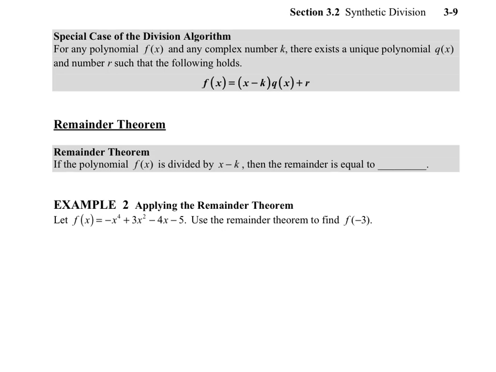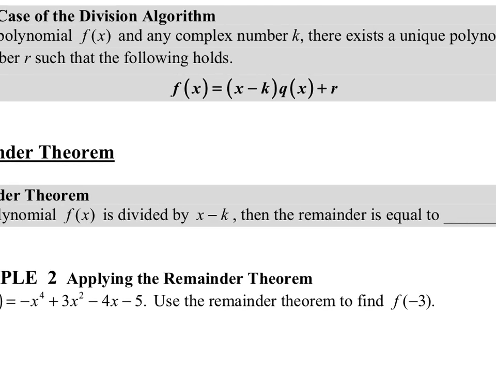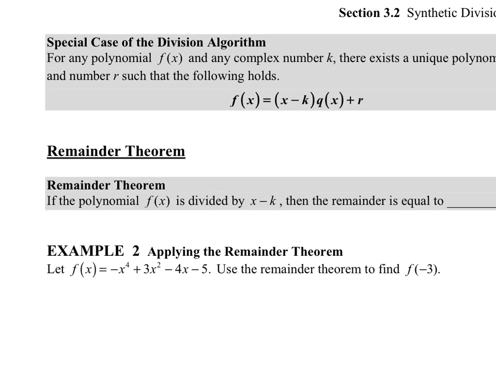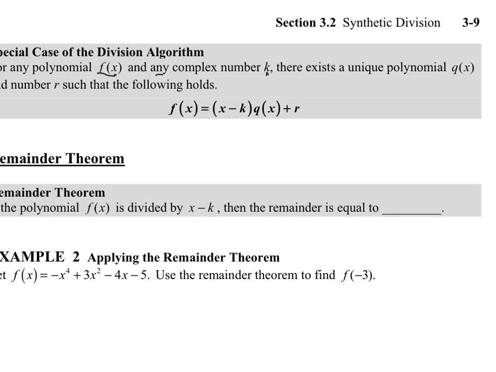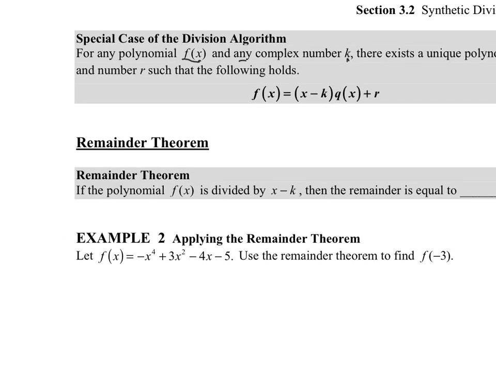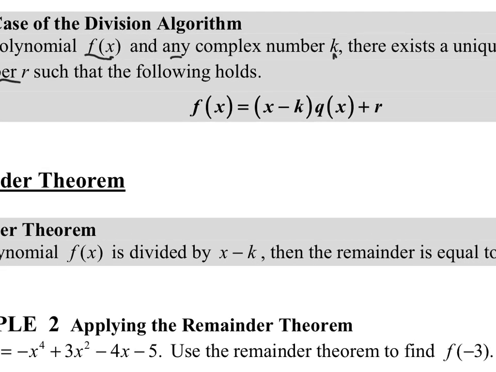Special case. What is he doing here? x minus k, q, r plus r. Maybe I'm not really sure what he's talking about. For any polynomial f of x and any complex number k, there exists a unique polynomial q of x and the number r such that, well, I guess he's just saying the same thing: f of x, your large function, divided by x minus k, that's your g function.